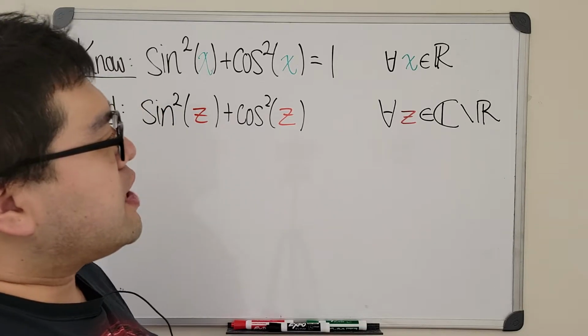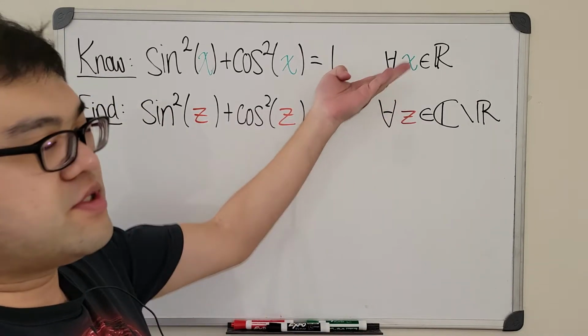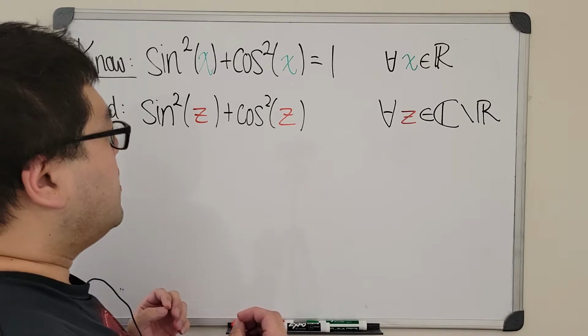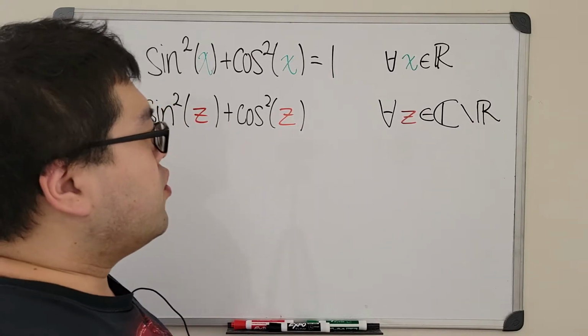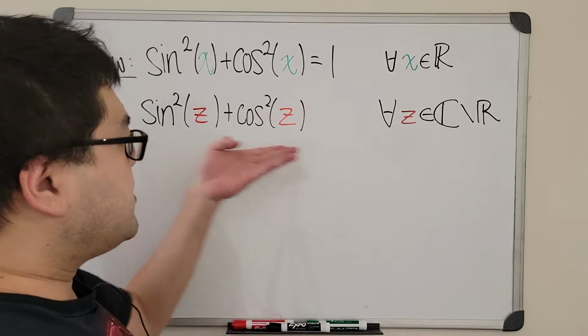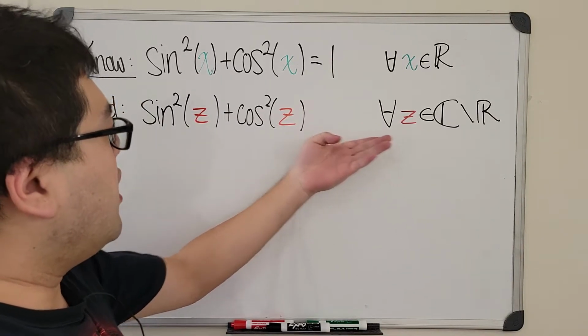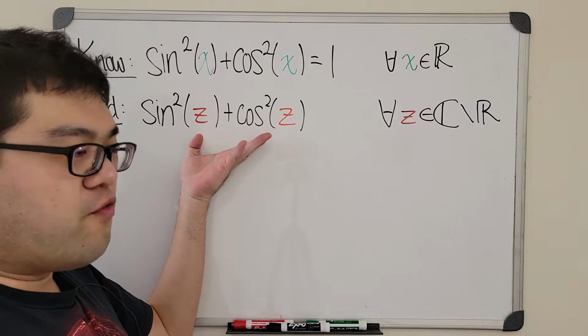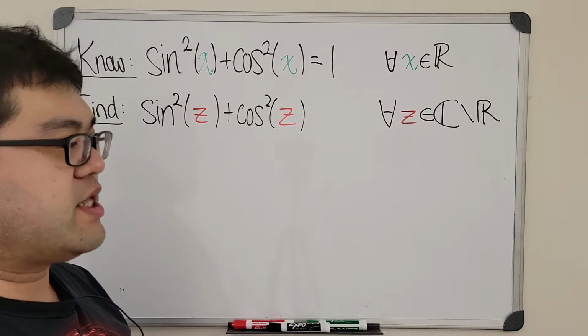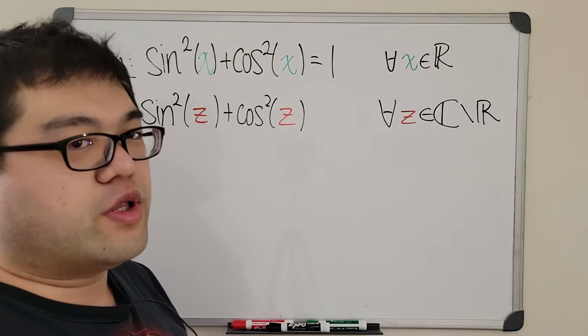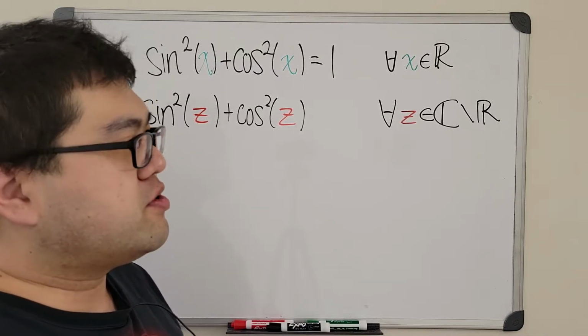And again, that's because we have already known the results of when x is equal to some real numbers. So as long as we can just find out the expression for non-real numbers z, we can just combine them together and say what happened for all the complex numbers.